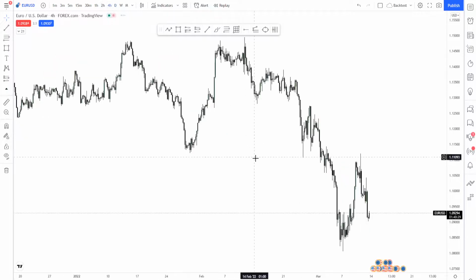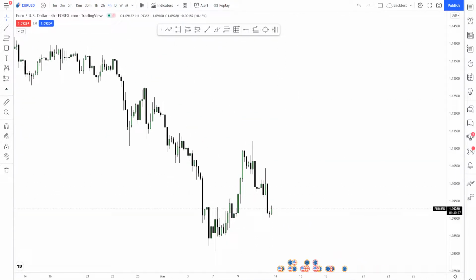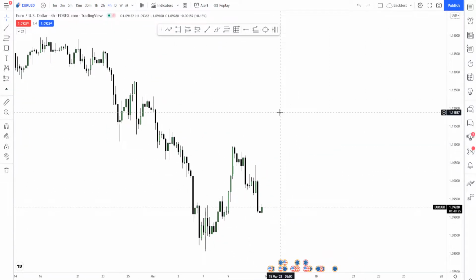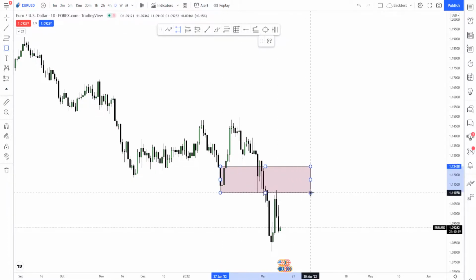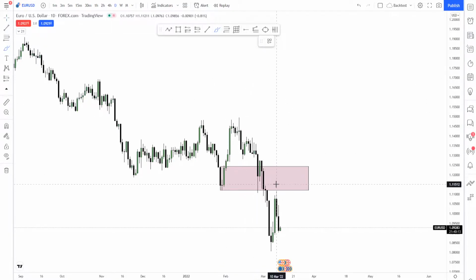So right now, we can see that in EURUSD, price has come into this breaker block right here, tapped into it, and then it has rejected, coming down here.